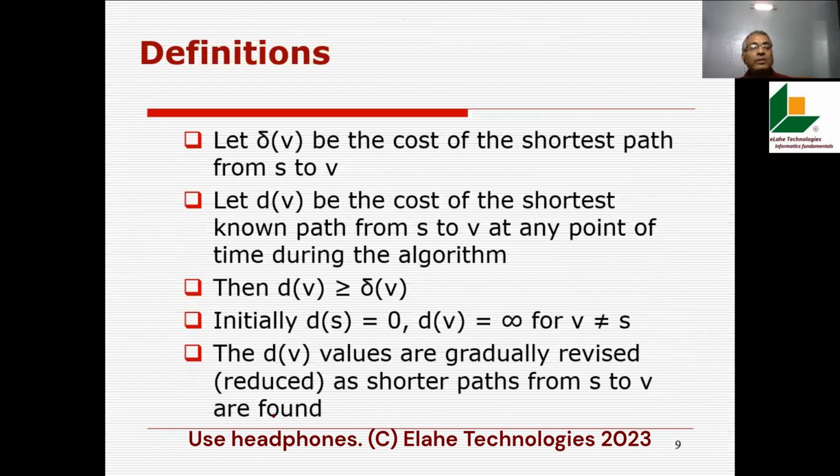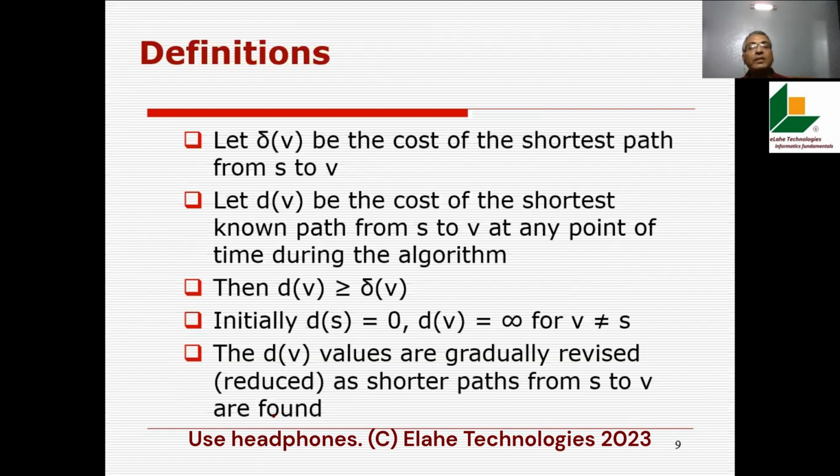So we'll denote as delta V the cost of the actual shortest path from S to V. Let dV be the cost of the shortest known path from S to V at any point of time during the algorithm. So dV is a value that will keep changing during the algorithm. Delta V is a constant. For a vertex V, delta V is the cost of the shortest path from S to V, and the dV value is an estimate of the path.